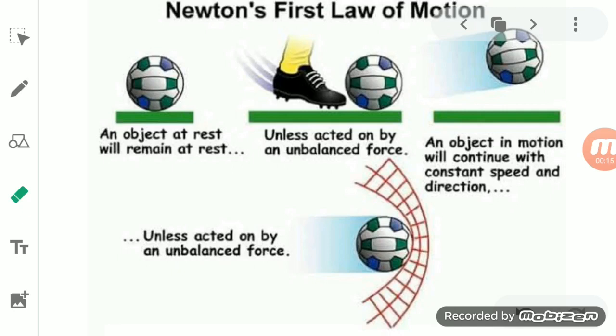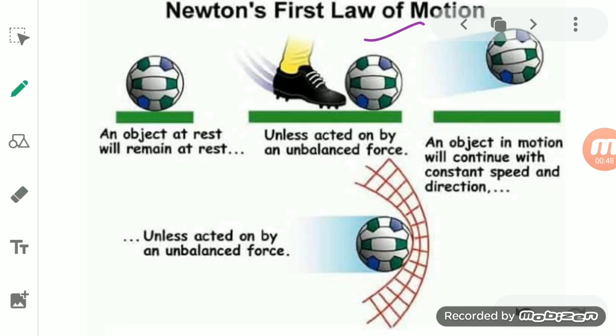Newton's laws of motion are a relationship between the force applied on a body and the state of motion acquired by it. So we will discuss all the three laws of motion one by one, and also some of their important applications. So the first one is Newton's first law of motion, students.